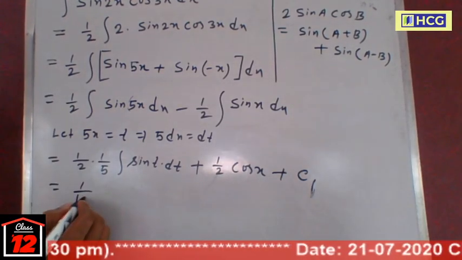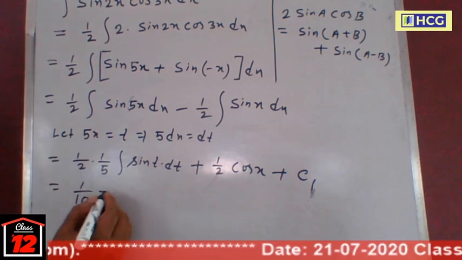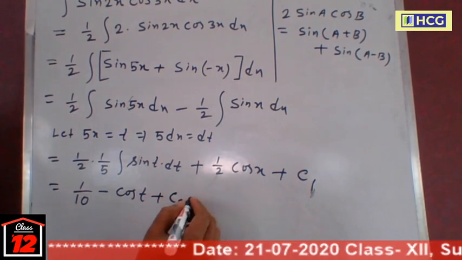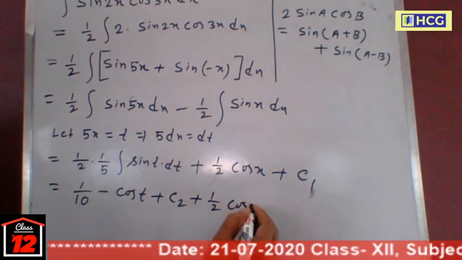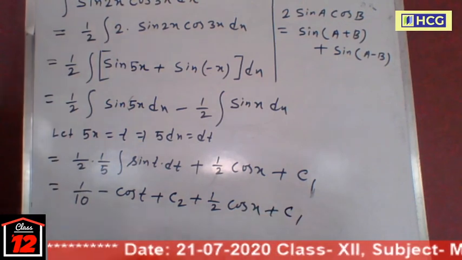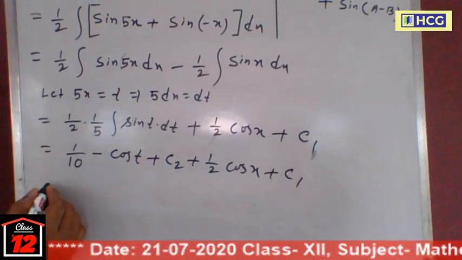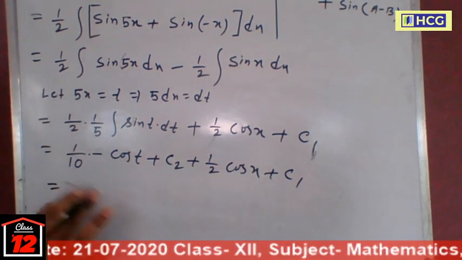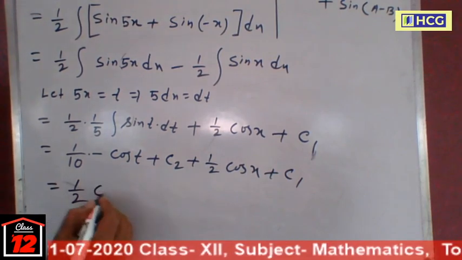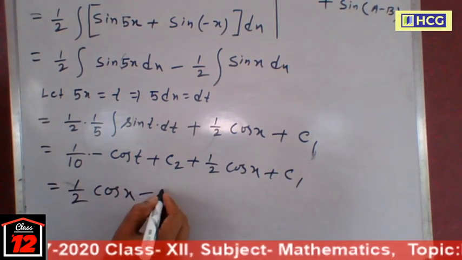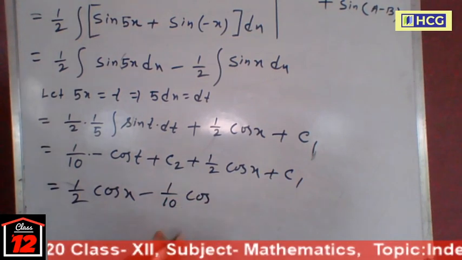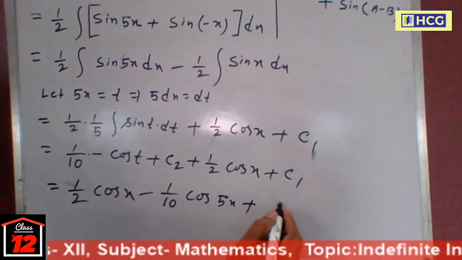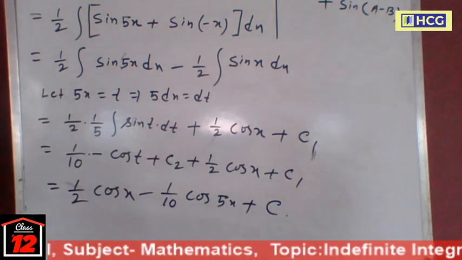So now this is equal to 1 by 10 into minus cos t plus c2 plus half cos x plus c1. Now this is equal to half cos x minus 1 by 10 cos 5x plus c1 plus c2, which is another constant, c. This is the answer.